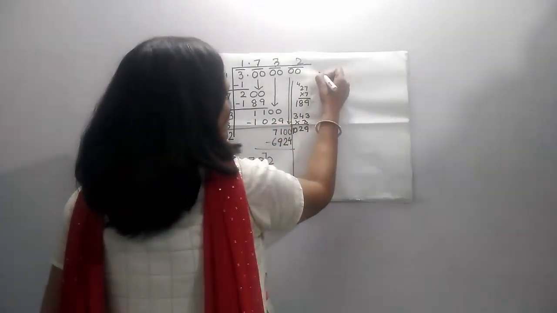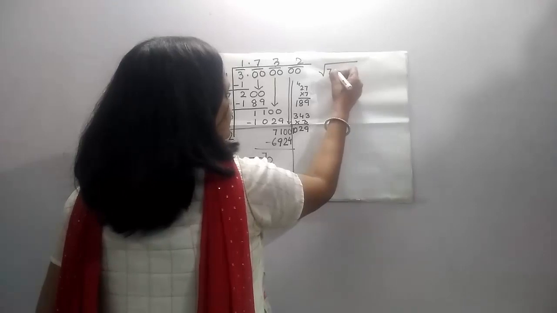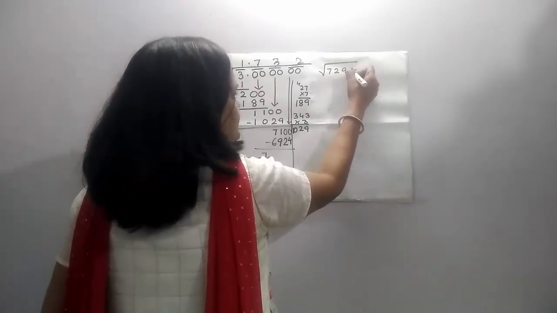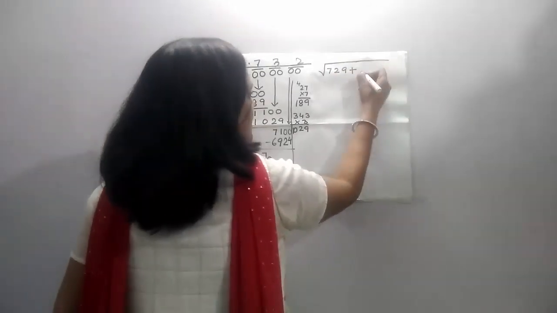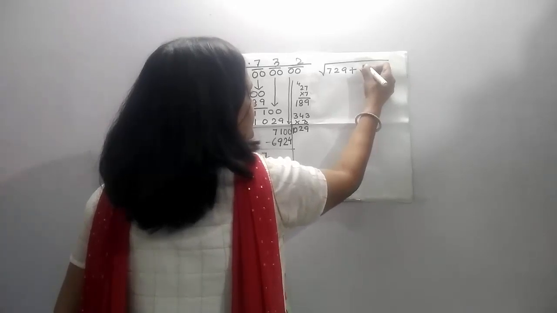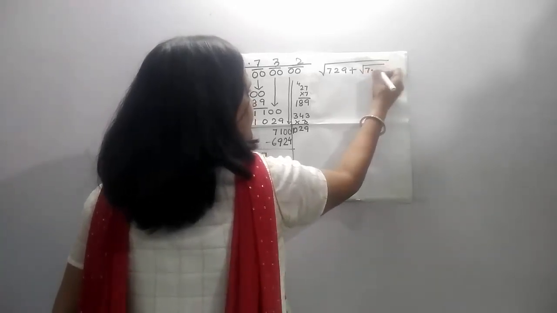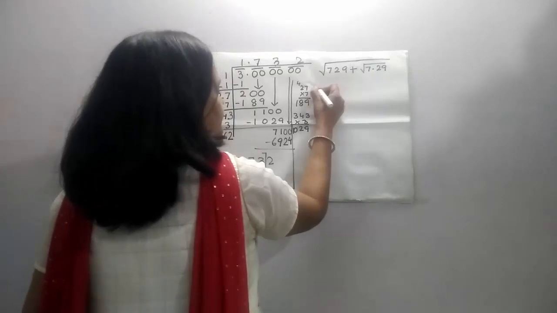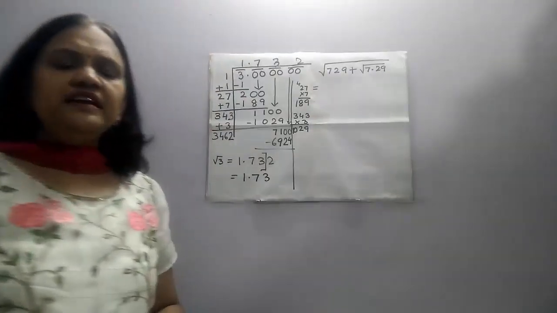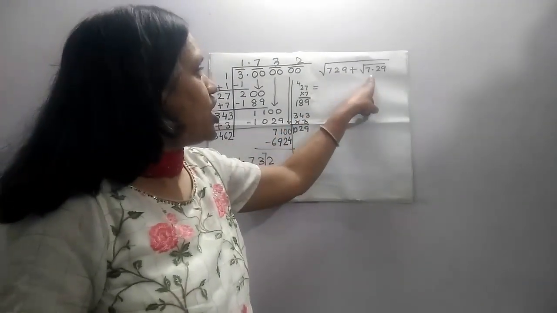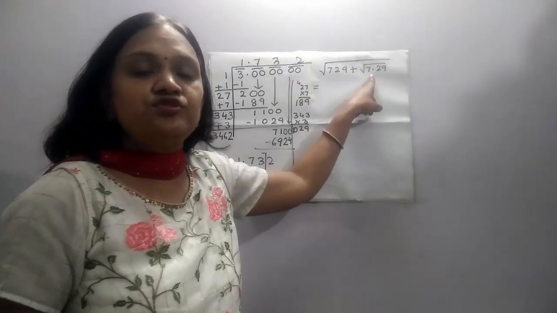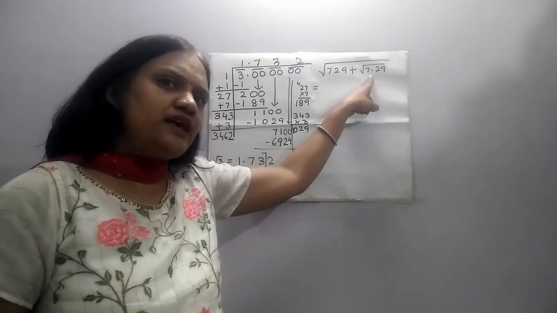Okay, now let's do some sums where everything is mixed up. Let's find out the square root of 729 plus the square root of 7.29. We had already found the square root of 7.29. What was the square root of 7.29?